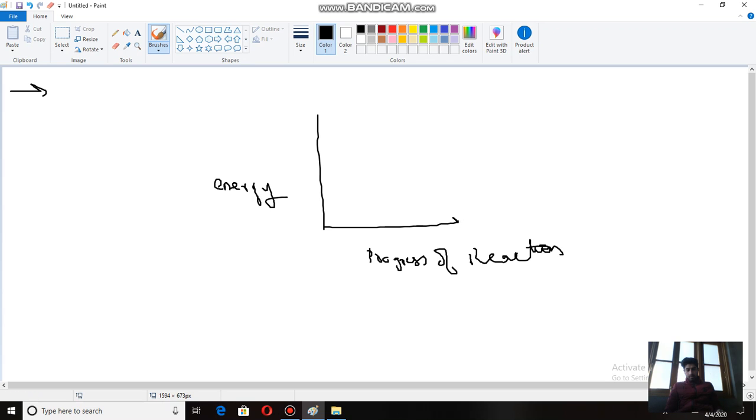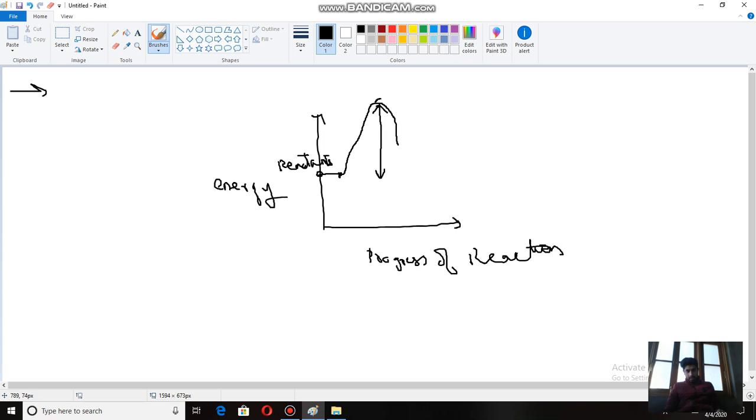See, let's say at this point corresponding to this is the energy of reactants, and from this energy, this much is the energy barrier. That means these reactants should raise at least this much energy.